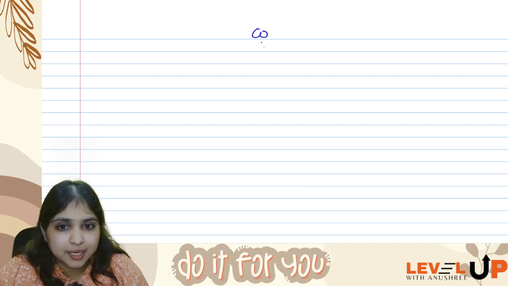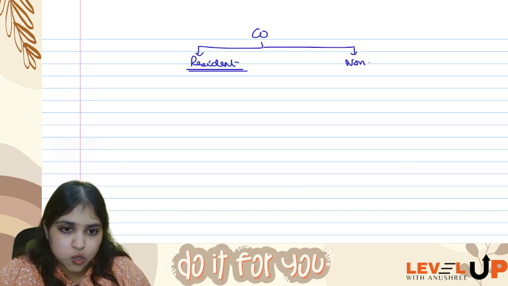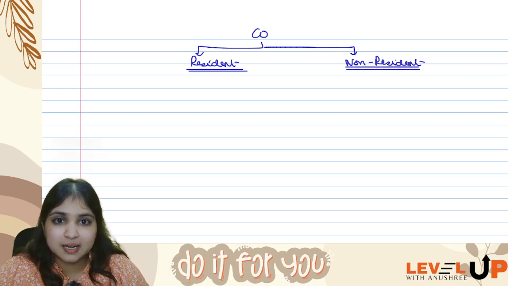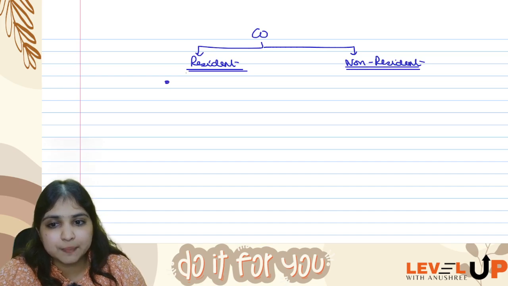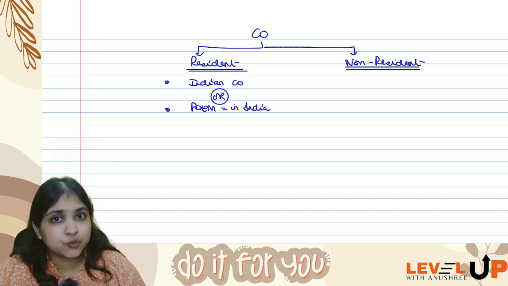See, a company will either be a resident or a company will be a non-resident, guys. So when will the company be a resident? A company will be a resident either if it is an Indian company or if its place of effective management is in India. I have two conditions.